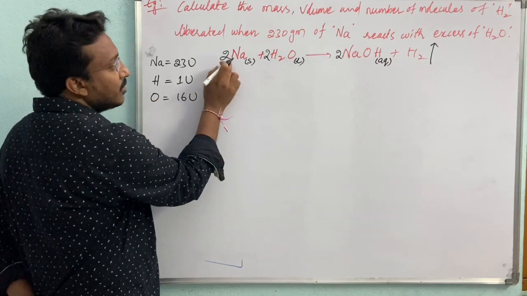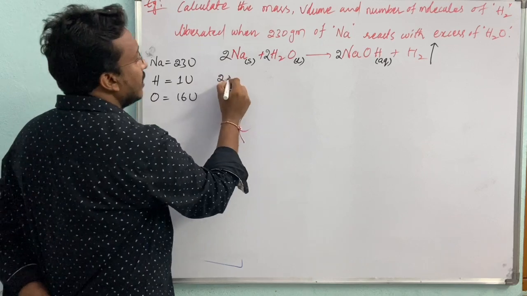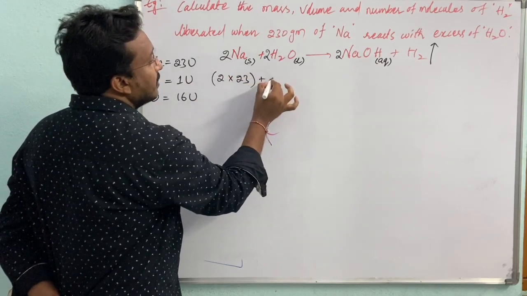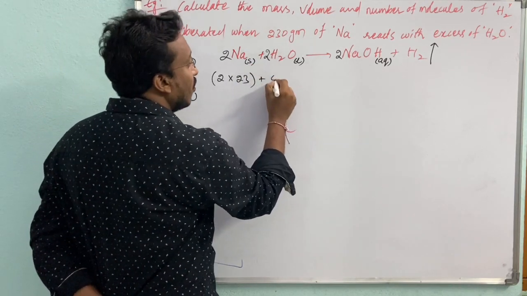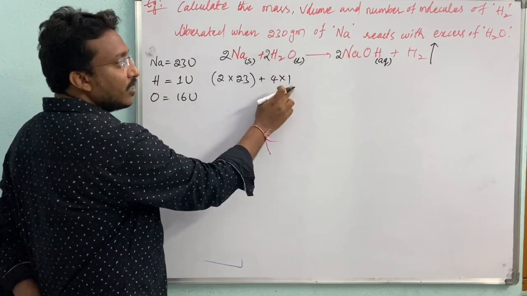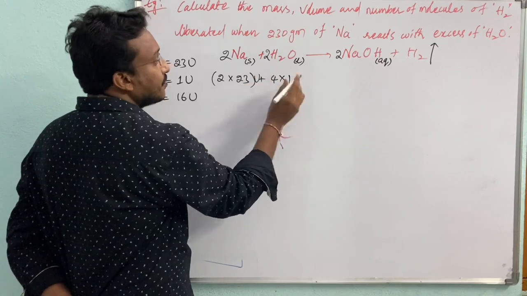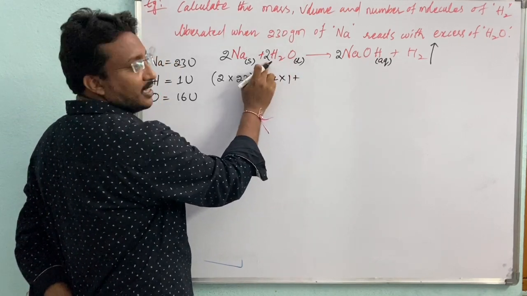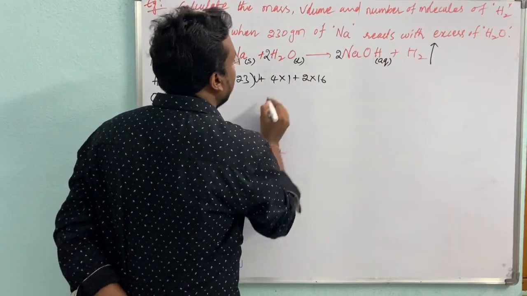There are 2 sodium atoms, so we should take 2 into 23, plus 4 hydrogen atoms, 4 into 1, since hydrogen's mass is 1, plus 2 oxygens, 2 into 16.